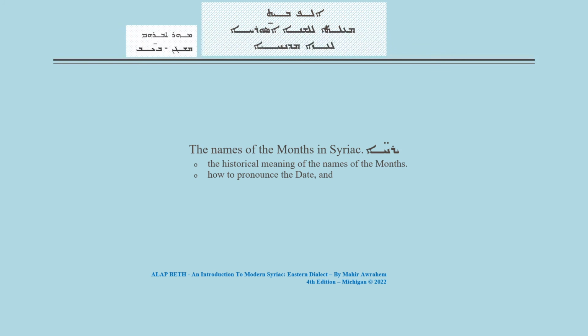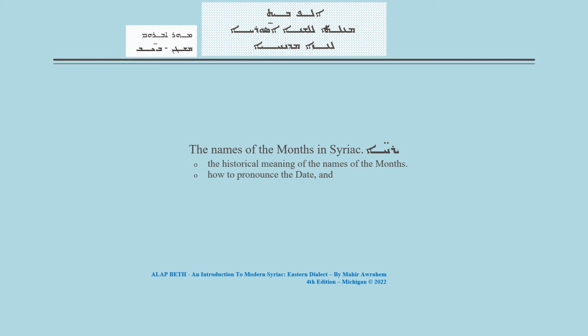Remember Nisan, Beth Nisan, which is the spring, because spring starts in Nisan. That's exactly how the year starts in Syriac, and it ends with March, Adar. So our new year is April 1st. Now I'm going to read the right column starting from Nisan, which is April.